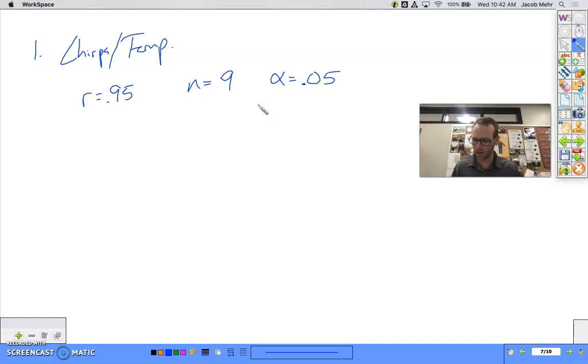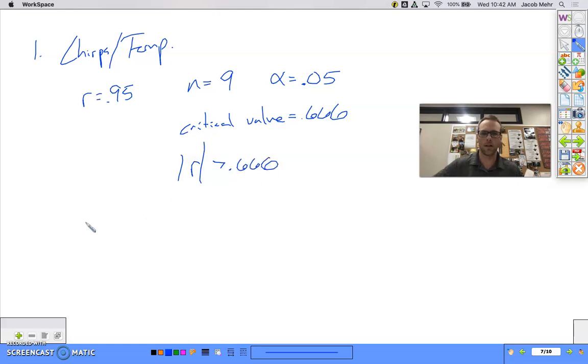So then when we look at our table and we find 9 and we go to 0.05, our critical value is equal to 0.666. Now our correlation coefficient was already positive, and if we take a look at that, the absolute value of our correlation coefficient, I'm just putting the absolute value in there just in case it's negative, is greater than 0.666.